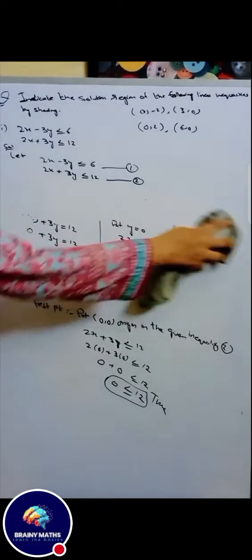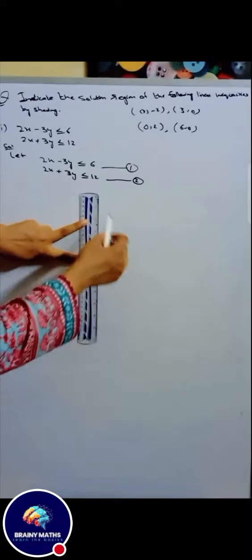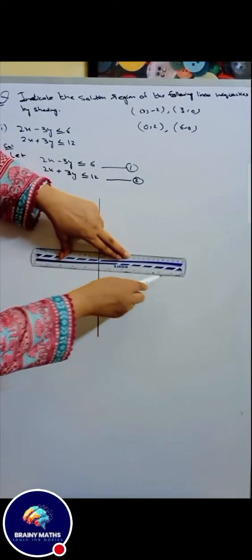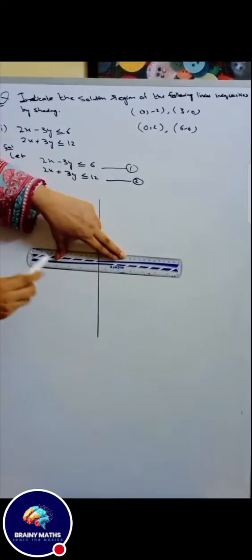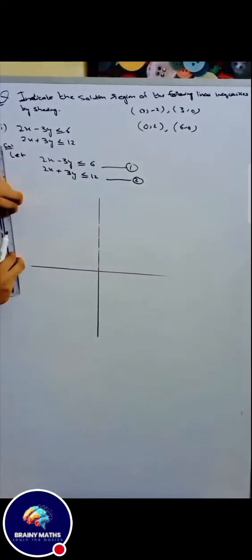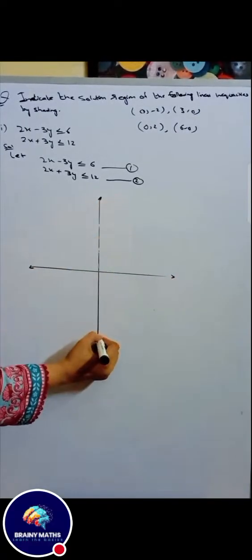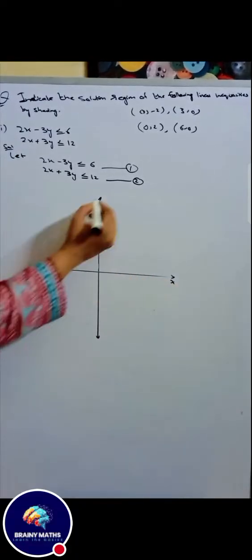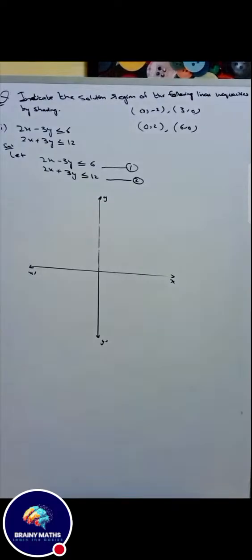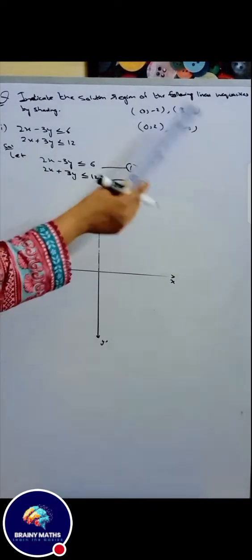Because I have to draw the dots. Take care. Next one. Arrows must. X dash. Y dash. Now, what are the ordered pairs? 0, -2 and 3, 0.